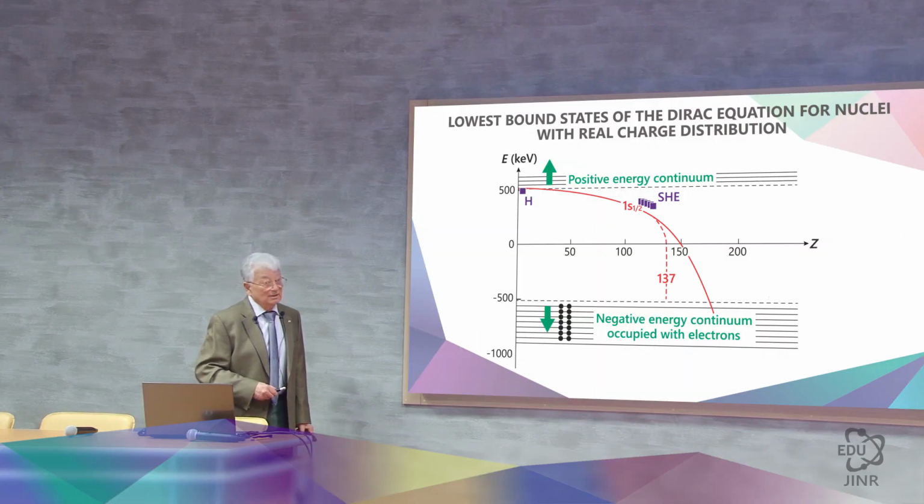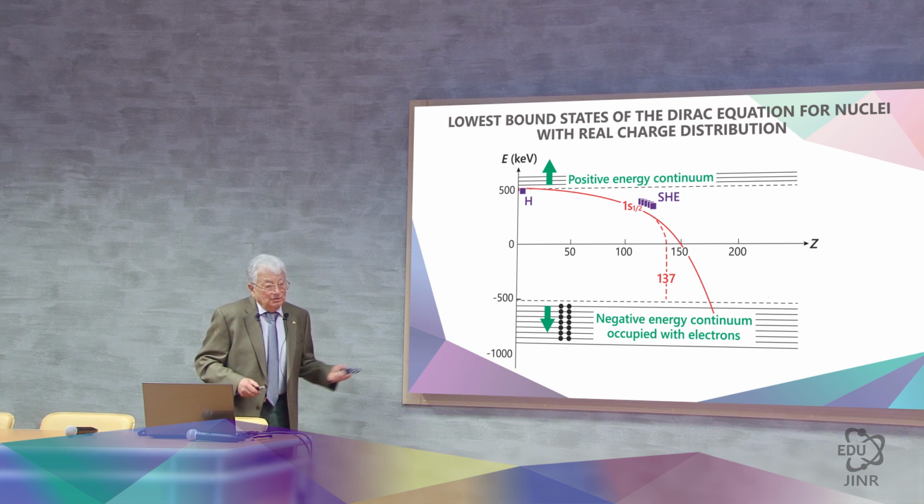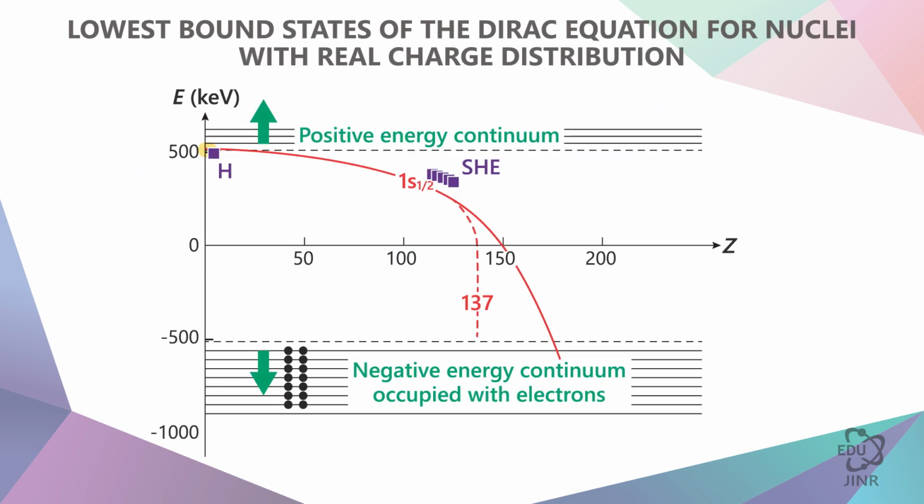Dirac confidently offered a solution and said that no, it would be okay unless the electron is not an electron, if the electron is an anti-electron, or if the electron is a positron. And he then predicted antimatter for the first time, that an electron can have an anti-electron. Then we will see that a proton can have an antiproton, and so on and so forth. In short, life continues.